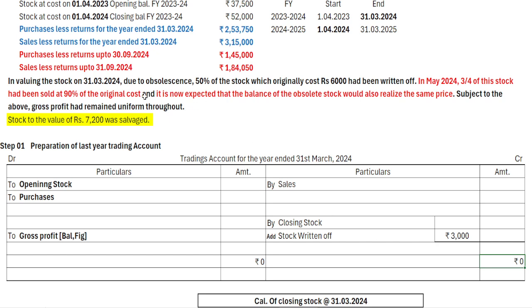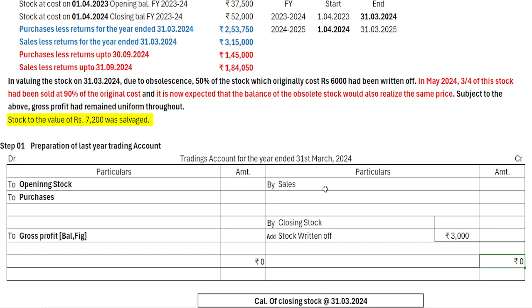Okay, then in May 2024, while preparing the memorandum account for the current year, 3/4 of the stock had been sold at 90%, which means 90% of the abnormal good.